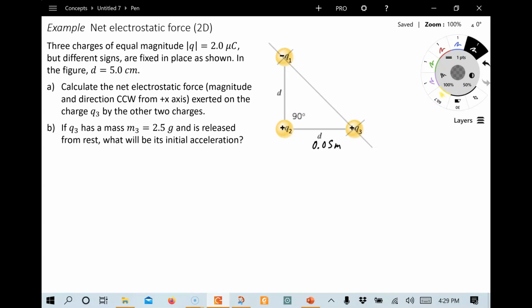And so it turns out that if we know what the side length of this square is, then we can go ahead and figure out what the length of that is. It's just equal to root 2 multiplied by 0.05 meters. And that turns out to just be from straight geometry, so we know that as well.